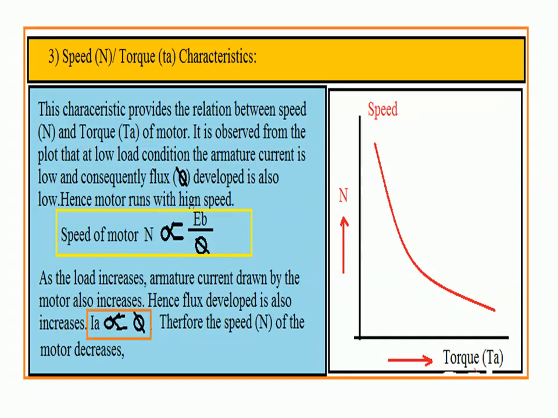As the load increases, the armature current drawn by the motor increases. As the armature current increases, the torque developed by the motor also increases. Hence, as the armature current increases, flux also increases. As the flux increases, speed decreases. This is shown in the graph.